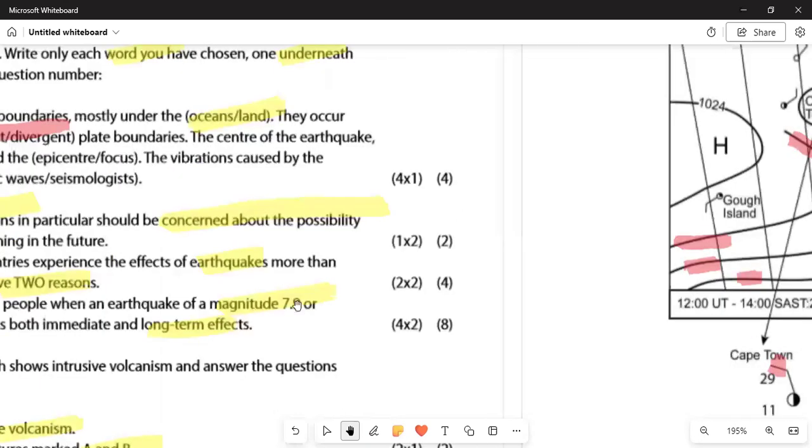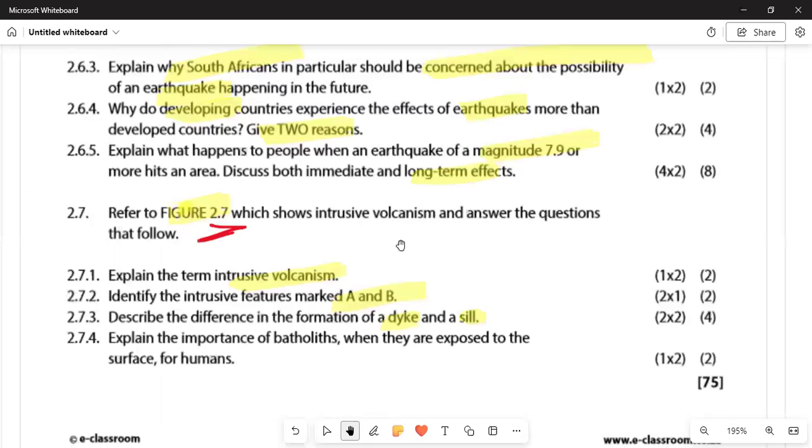And then we are going to the other question, in 2.7. It says, refer to the 2.7 figure, which shows intrusive volcanism, and answer the questions that follow.